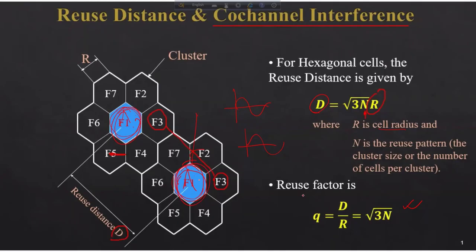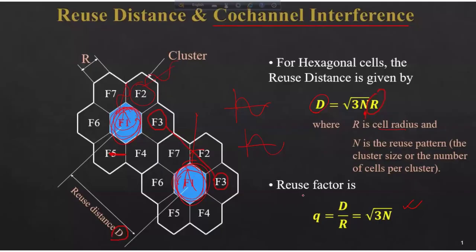Okay, there is another term called adjacent cell interference. Now, what is adjacent interference? Say for example, of these two cells, one cell is using F1 and one cell is using F2. The signal which is using F2 and the signal which is using F1 can both create interference for each other.